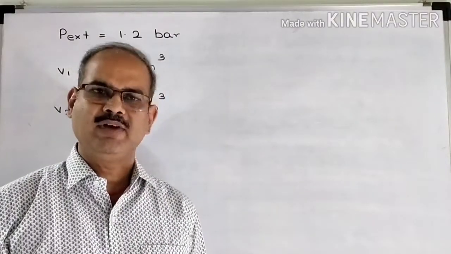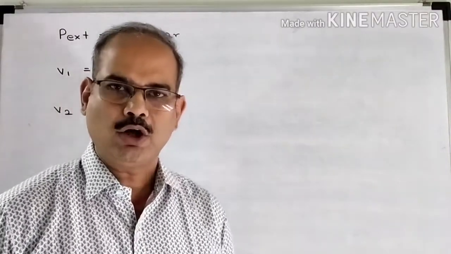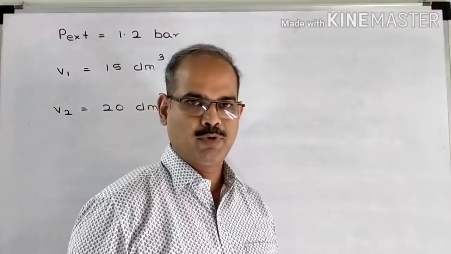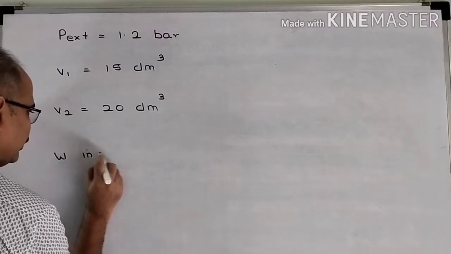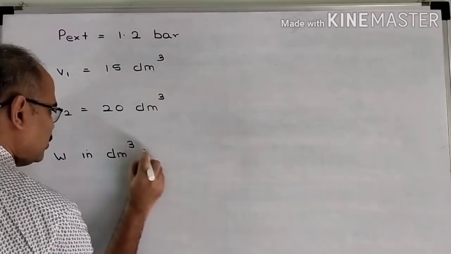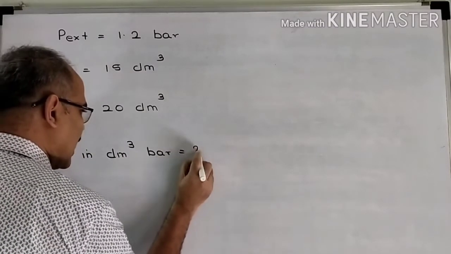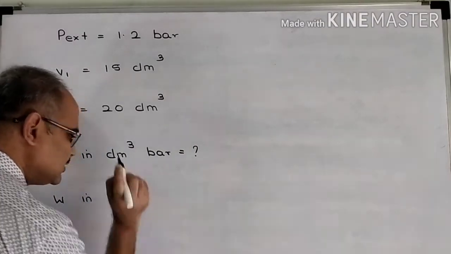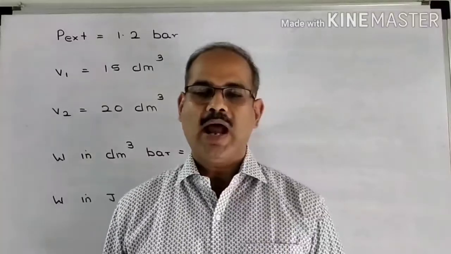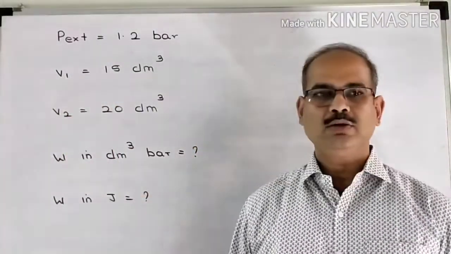So even if it is given, it's okay. You need not think about it much. What do I want to find out? I want to find out W in dm cube bar and I want to find out W in joules. So this is the data and what is to be found out in the given problem.